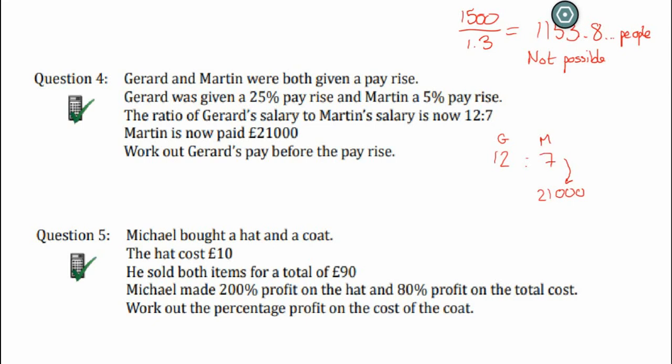What would I times 7 by to get 21? 3. So I must times it by 3,000 to get that. So how much does Gerard get paid now? 12 times 3 is 36, so 36,000. Okay, and that is a 25% pay rise.